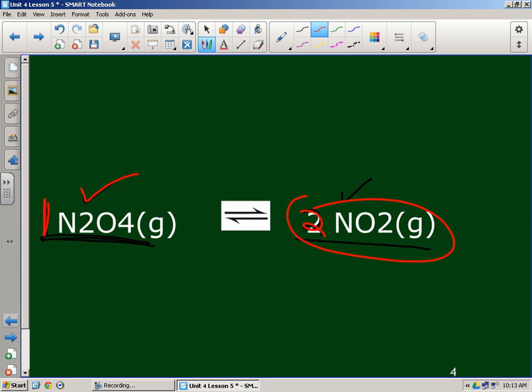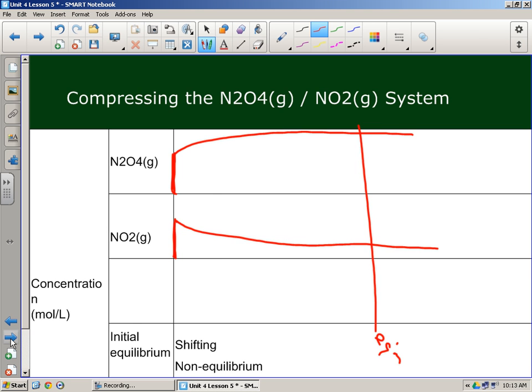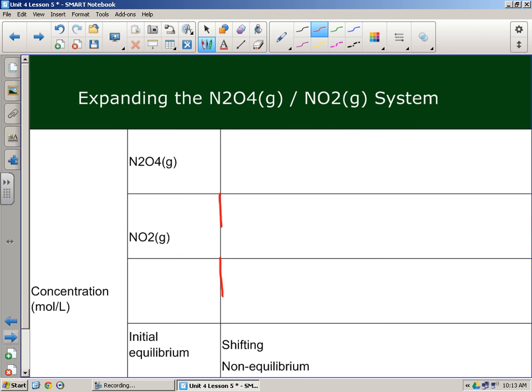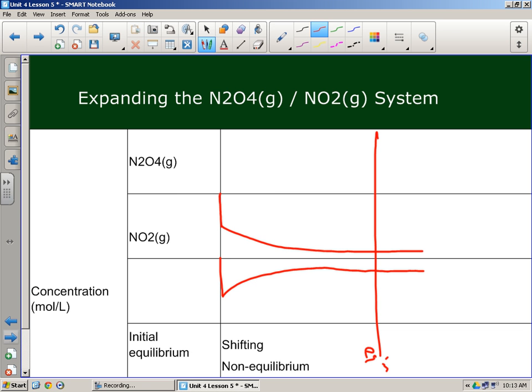The forwards reaction is favored now, and I would get more NO2 and less N2O4. I'd be using up the N2O4. So more NO2 in this case, so that would look like this until they reach equilibrium somewhere over here. And I would be using up that N2O4 to get to there. Okay, so that would be the reaction in that case. And once again, this one would favor the forwards reaction.